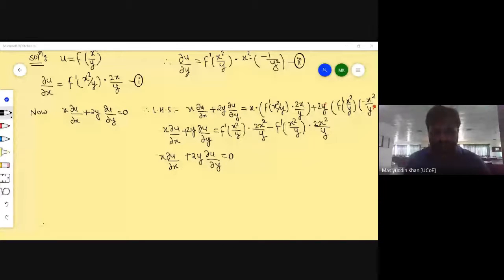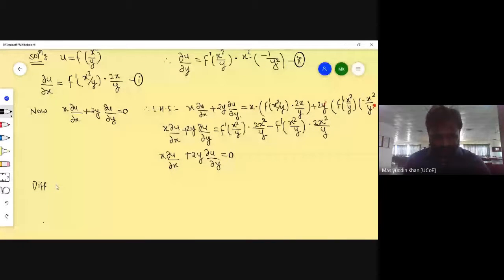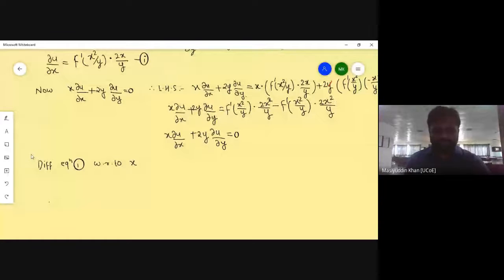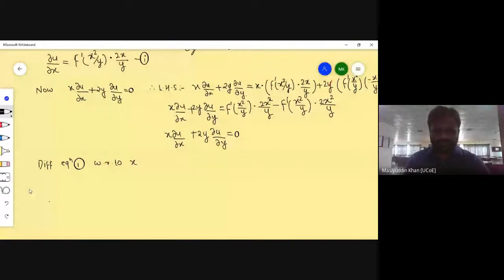So differentiating equation number 1 with respect to x. So we'll get what? ∂²u/∂x² equal to.